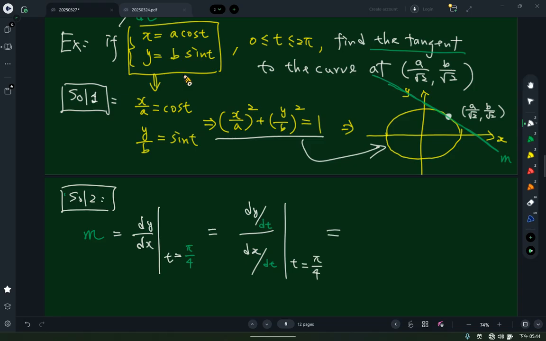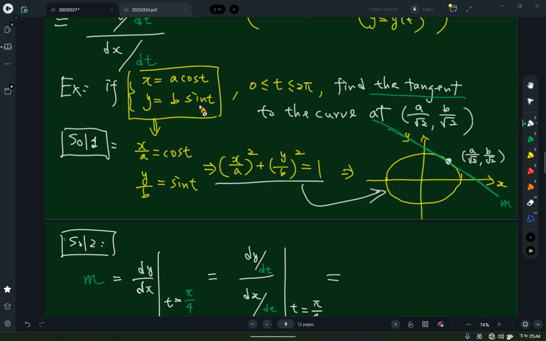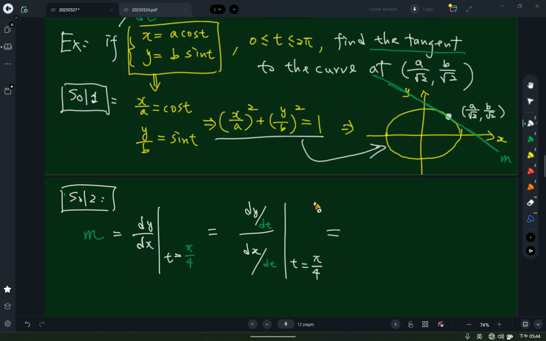So based on this, because y is b sine t, when we differentiate it with respect to t, we can get b cosine t. Then over negative a sine t, t is equal to 1/4 pi, right?